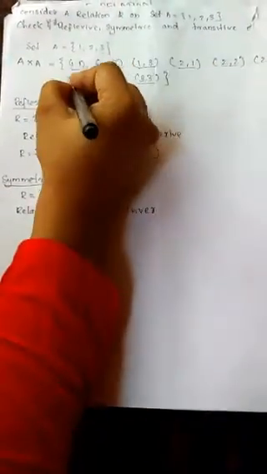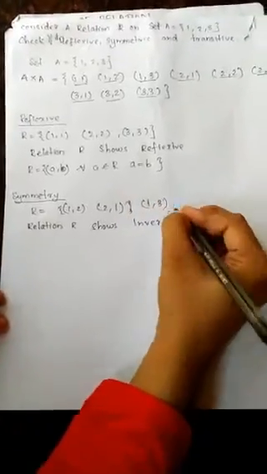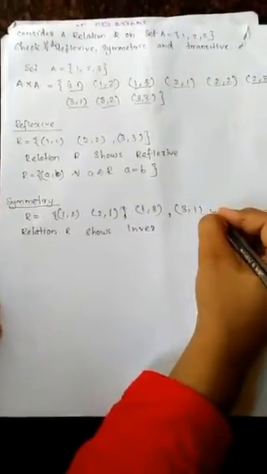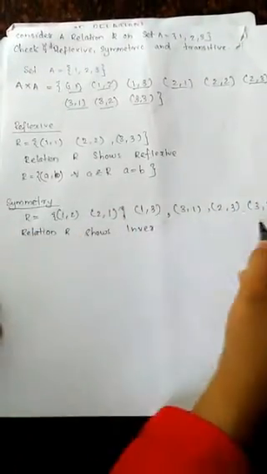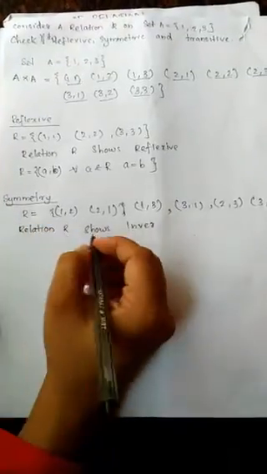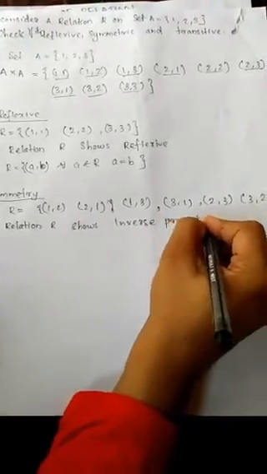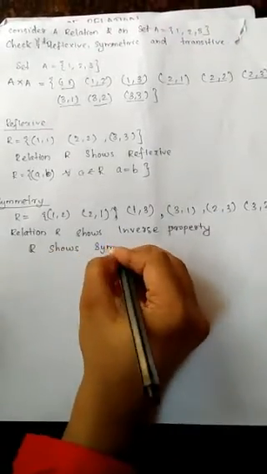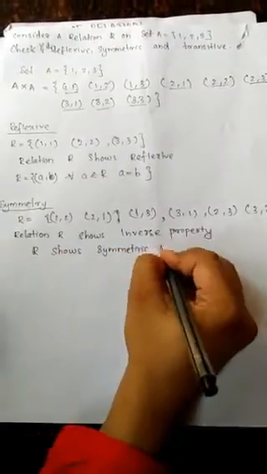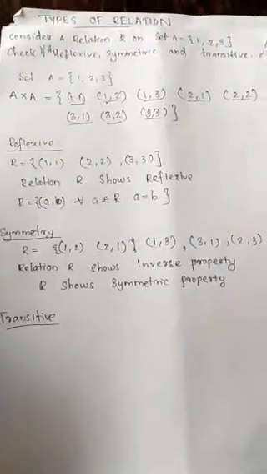Here also (1,3), (3,1), (2,3), (3,2). These ordered pairs show the inverse relation. That is, relation R shows the inverse property, that is, it shows the symmetric property.